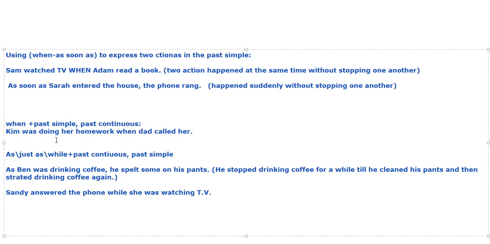So Kim was doing her homework when Dad called her. She was doing an action and focusing there, but her dad just called her. So she's doing her homework for a while and went to answer her dad's call. After she finished talking to her dad, she came back to continue doing her homework. This is the meaning of this statement.